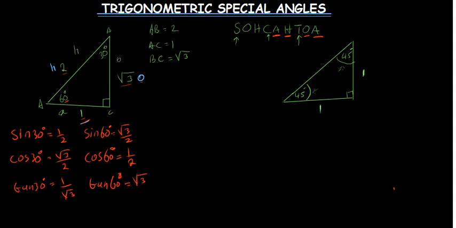We have the opposite, we have the adjacent. Hypotenuse squared is equal to opposite squared plus adjacent squared. 1 squared is still 1, even here 1. So you have h squared to be 2. So the hypotenuse is root of 2. So that's what we have here.